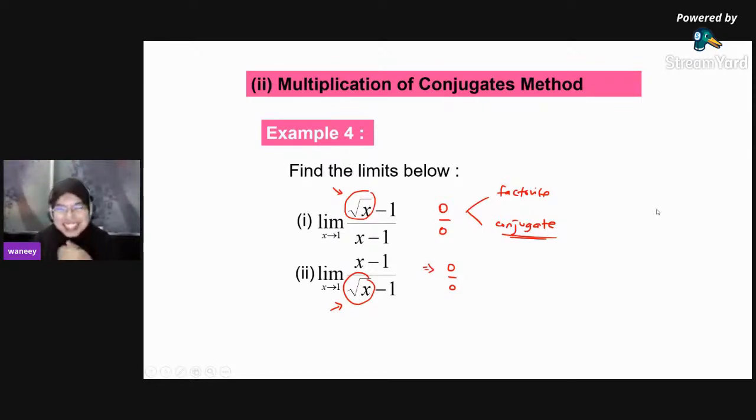Bunyi apa tu? Bunyi saya rasa lah. Saya rasa orang ketuk dinding weh. Construction eh.